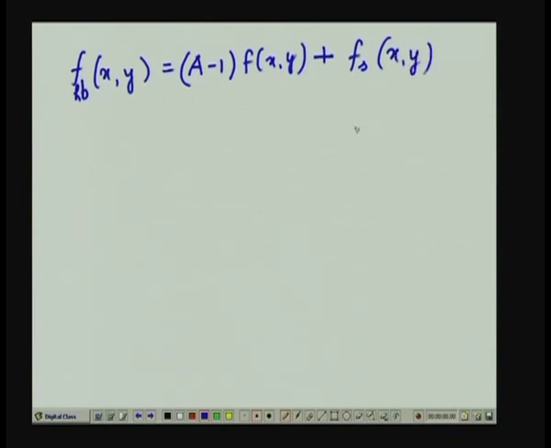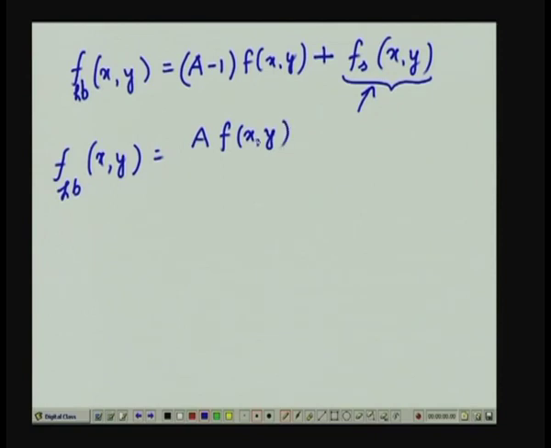Now, it does not matter in which way we obtain the sharpened image. So, if I use the Laplacian operator to obtain this sharpened image, in that case the high boost filtered output f_hb(x,y) simply becomes A f(x,y) minus the Laplacian operator on f(x,y), and this is the case when the center coefficient in the Laplacian mask is negative.